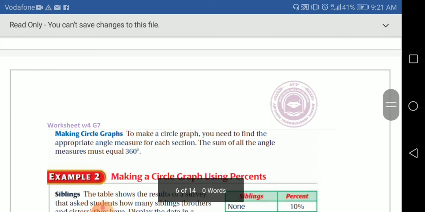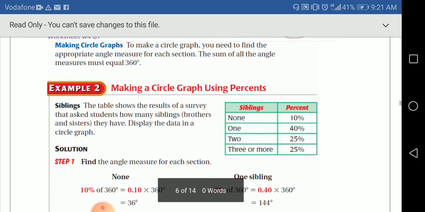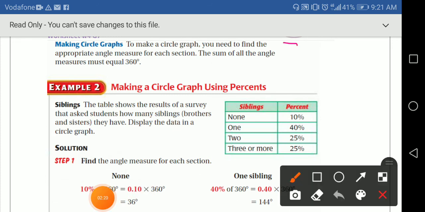Okay, so how can we solve this in math? We have here making the circle graph. To make the circle graph, guys, please remember that you need to find the appropriate angle measures for each section. The sum of all the angle measures must be equal to, this is very important, 360.